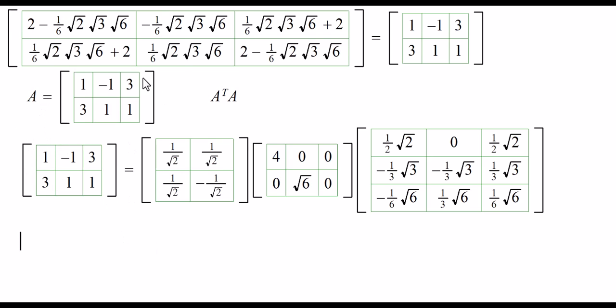So we can use this matrix to define a linear transformation from R3 to R2 in the following manner. Okay, so here we are just going to define a linear transformation T from R3 to R2, and we are taking our definition as Tx is Ax.